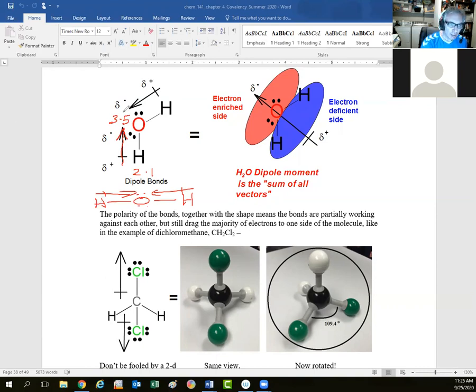So if we treat the molecule like a triangle, all the electron density is being focused up on this top end, this apex of the molecule of water. So one side of the molecule is electron enriched, the oxygen head, and the hydrogen feet are the electron deficient side of the molecule. So there's a polarity, the sum of its vectors going through between the two hydrogens right through the oxygen atom. So the polarity of the molecule becomes the sum of its vectors.